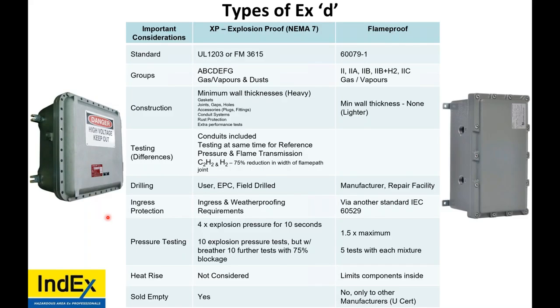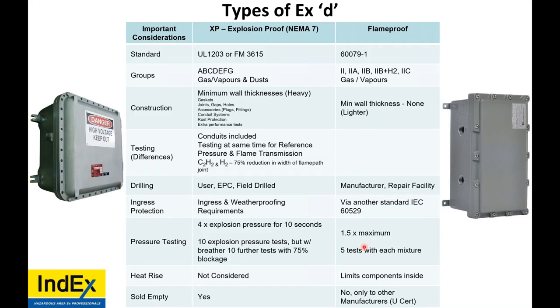Now, ingress protection. Everybody likes to say that ingress protection is not part of 60079. I disagree. The word and the standard is brought up very much, but the testing requirements are found in a different standard. For explosion proof, those ingress and weatherproofing requirements are part of the standard. Now, test pressure.